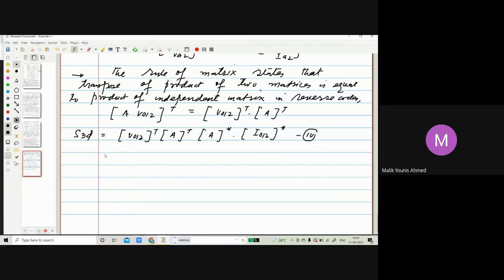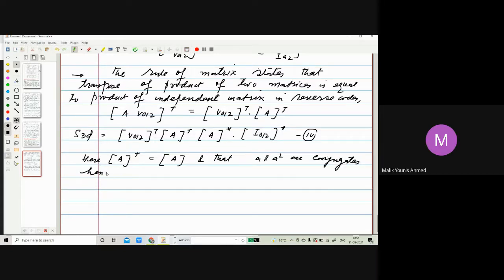Now here we know the transpose of A is A. You can check it yourself. The transpose of A is A, and A and A square are conjugates, which I have already explained. They are conjugates of each other in complex numbers.